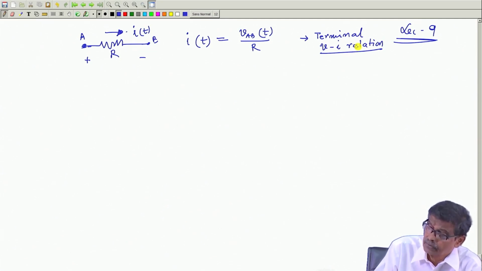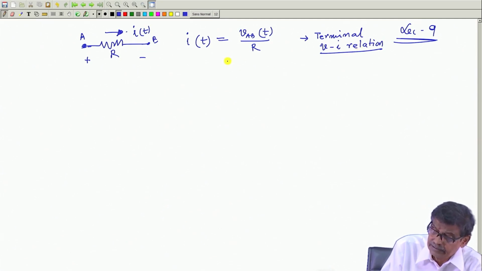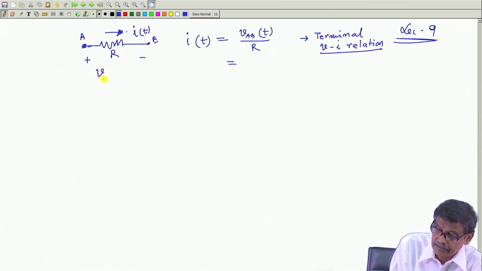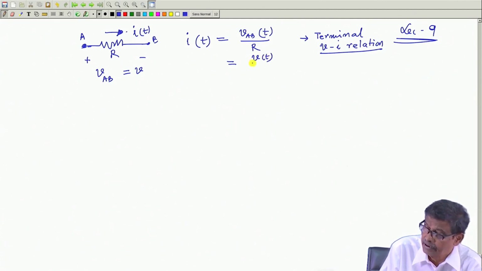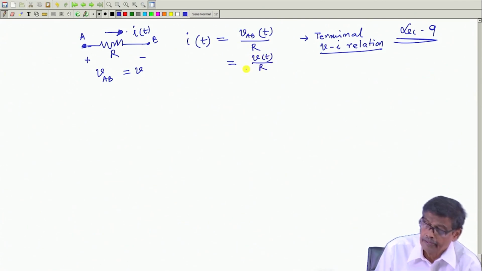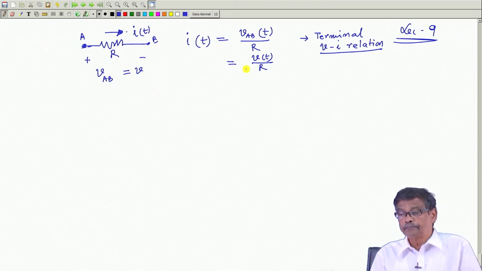So, vAB(t), and instead of writing VAB, you can also write it as v if you indicate only plus and minus. So, v is potential of this with respect to that. So, i(t) is v(t) divided by R.